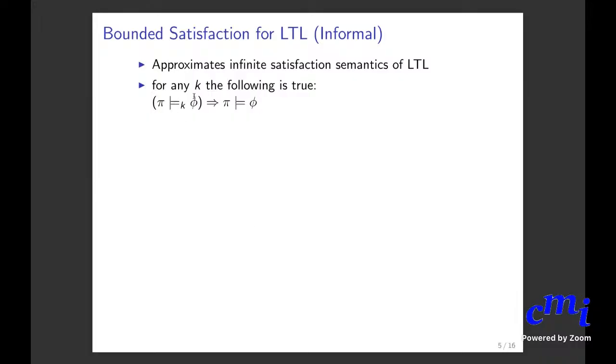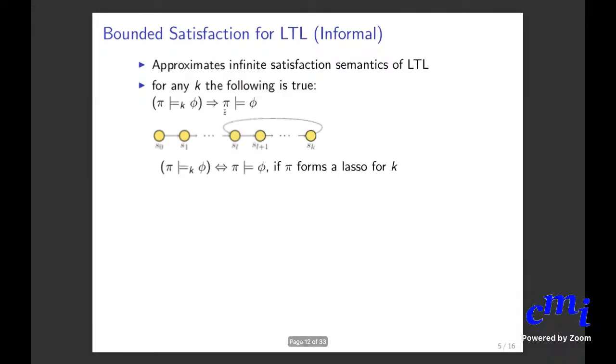For any given K-long prefix of an infinite path pi, I observed that the following is always true. If the finite prefix of pi satisfies the LTL formula, then of course it is true for the entire path as well.